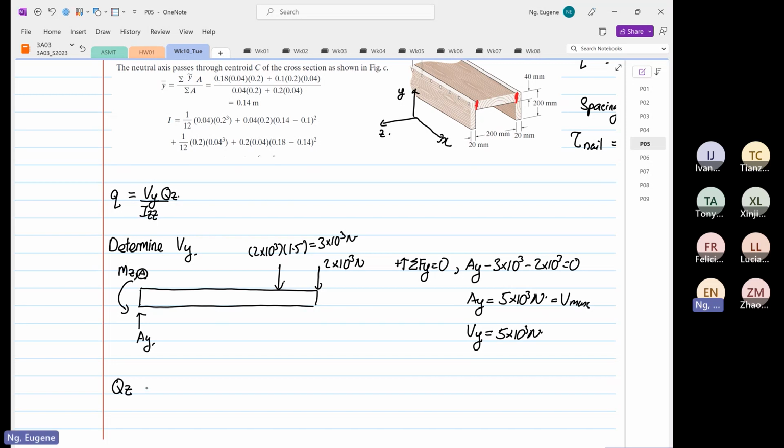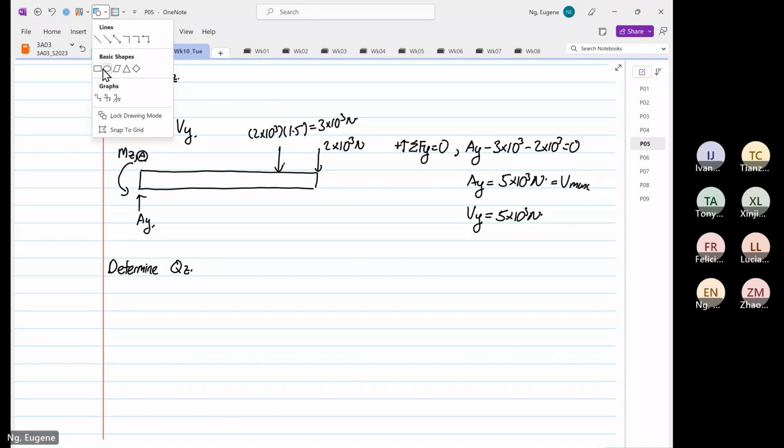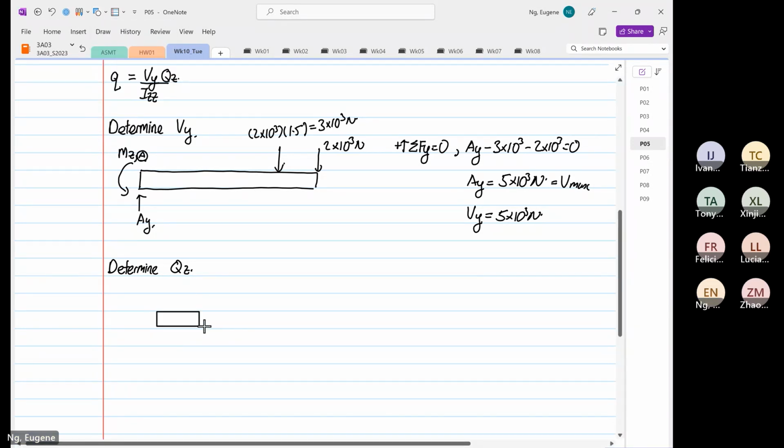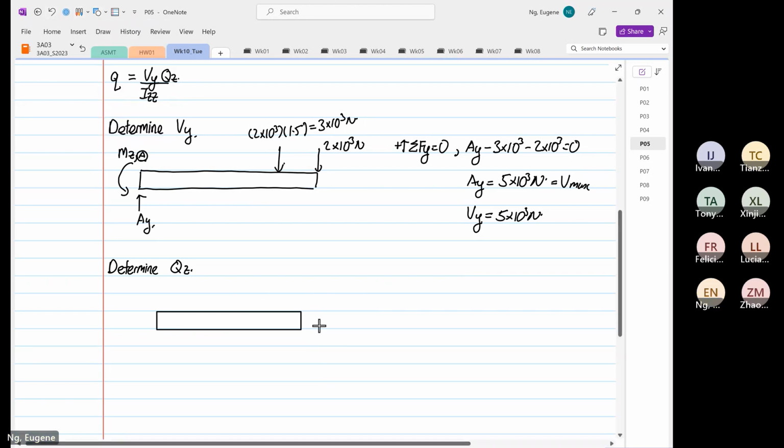Okay. Qz is equal, okay, so determine our Qz. Okay. So we know that the structure, right? So this is the flange member, and these are the webs.